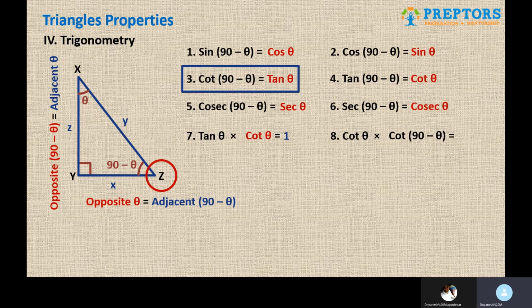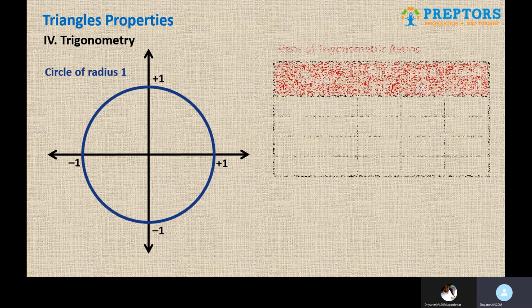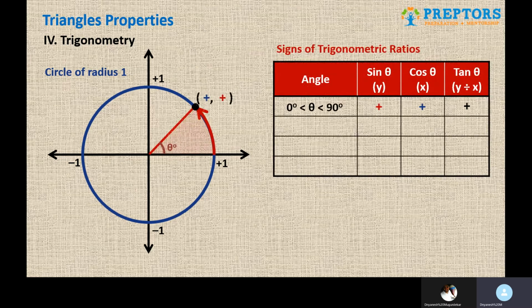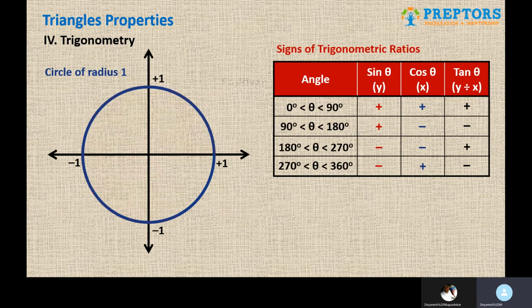Cot 90 minus theta is tan theta, tan and cot are reciprocals, cancels out, gives you 1. So this is exactly what I spoke right now. They are trying to explain here in which quadrant which of the trigonometric ratios will be positive. First quadrant everything positive, second quadrant only sine, third quadrant only tan, fourth quadrant only cos is positive, rest everything is negative. Remember this.